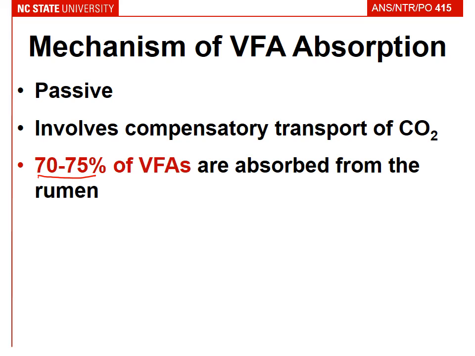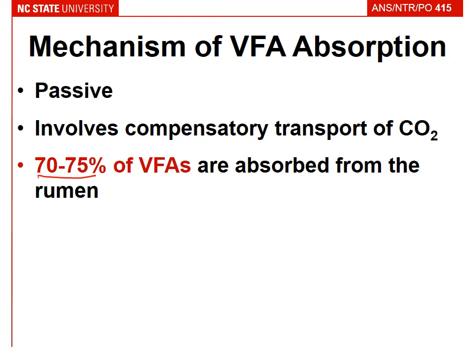Our volatile fatty acids, we talked about this previously, are absorbed passively, and it involves transport of carbon dioxide. Depending on the specific type of ruminant, between 70 and 75% of the volatile fatty acids are absorbed from the rumen.